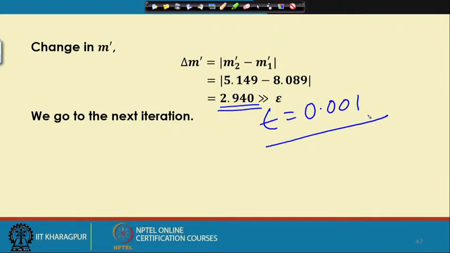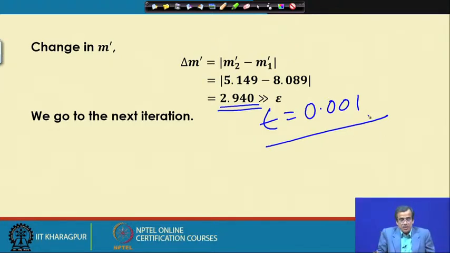Now, we should go for the next iteration, and this process will go on and on, and ultimately after running this algorithm for a large number of iterations, there is a possibility that it is going to hit that optimal solution.